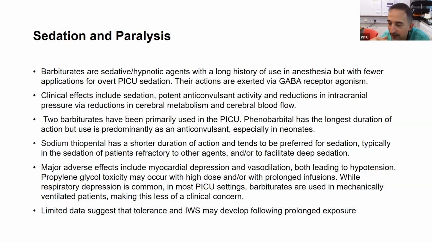They produce a very profound unconsciousness, and they do it via GABA. The most common ones that we use, as you know, are thiopentone, phenobarbital, all those kind of things. They're extremely famous for producing extremely deep sedation if required, but they're also very potent anticonvulsants, which is what we use them mostly for, particularly phenobarbital in children.